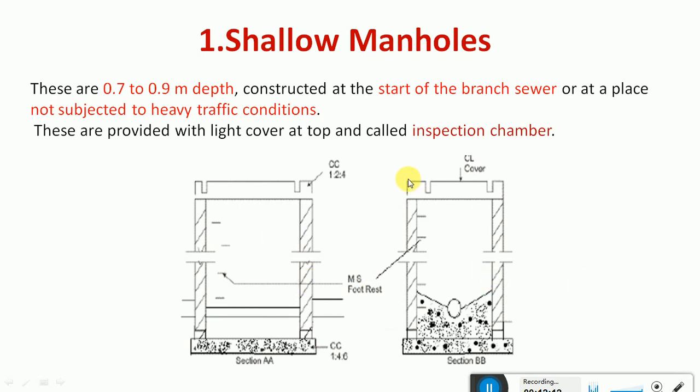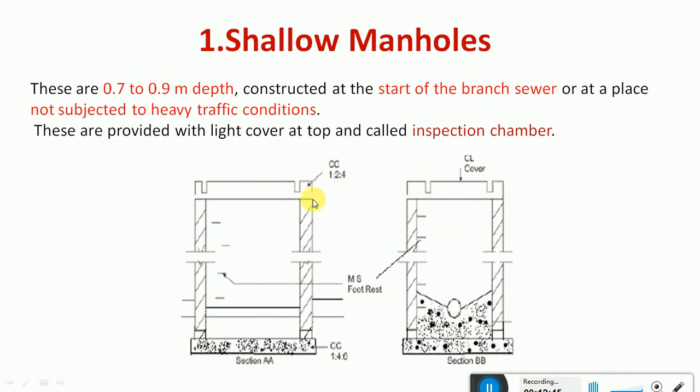First, coming to the shallow manholes, like I was telling in the previous slide, the depth is around 0.7 to 0.9 meter. It is usually constructed at the start of the branch sewer or at a place not subjected to very heavy traffic conditions. These are simple square chambers 0.7 to 0.9 meter deep. This is the main sewer and this portion we call benching, which is provided to support the sewer. At the top it is provided with a cast iron or cement concrete cover.